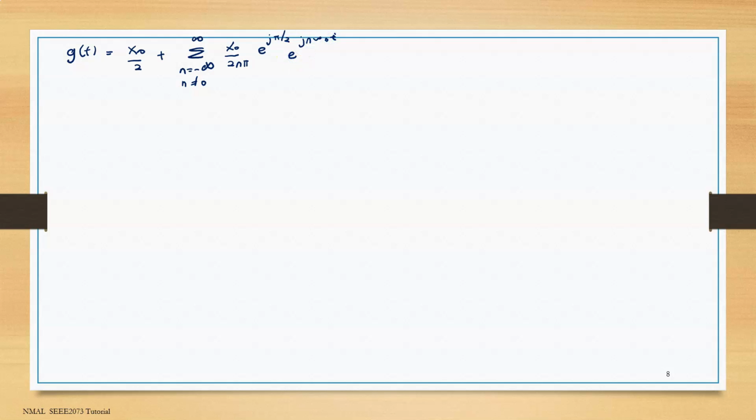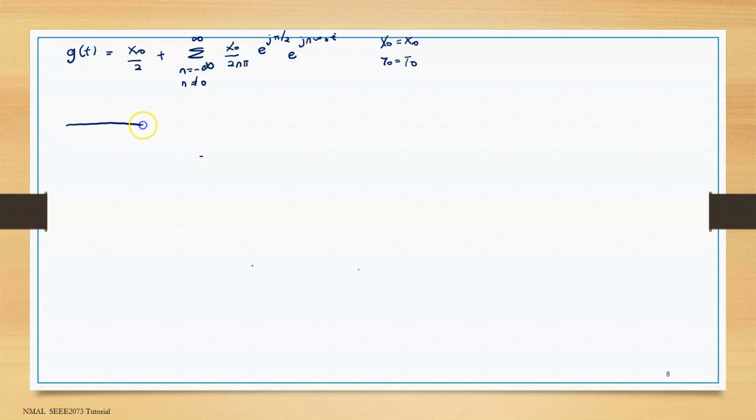Okay. So x0 here is given as x0 as well, and t0 is also given as t0. The question asks you to find the single-sided and also double-sided spectrum up until fifth harmonics.